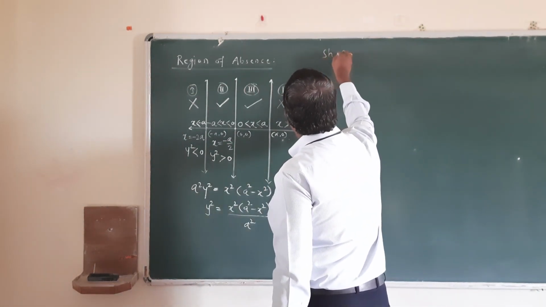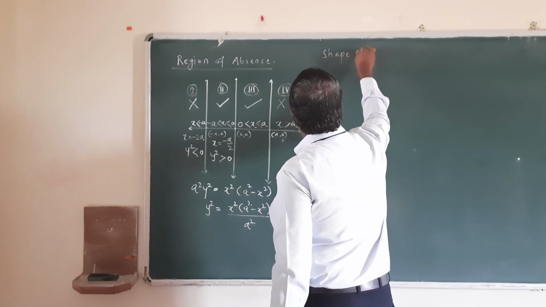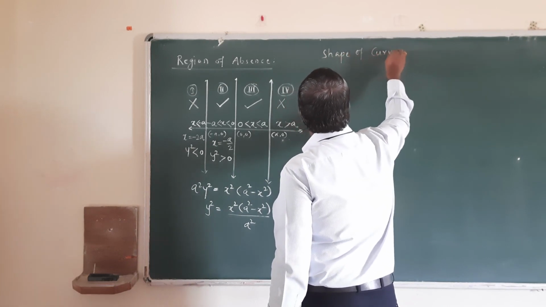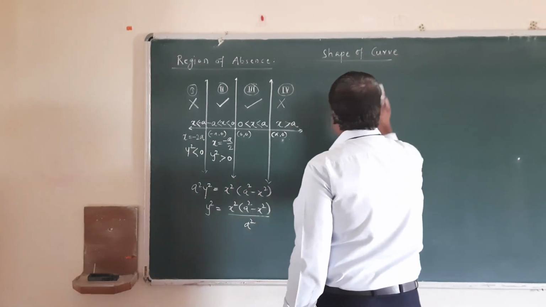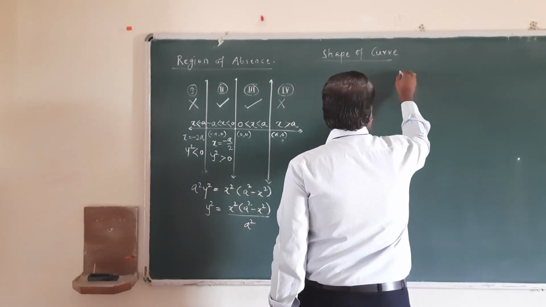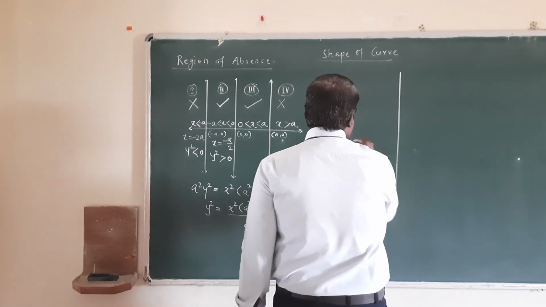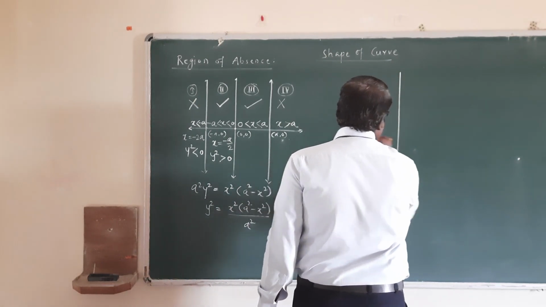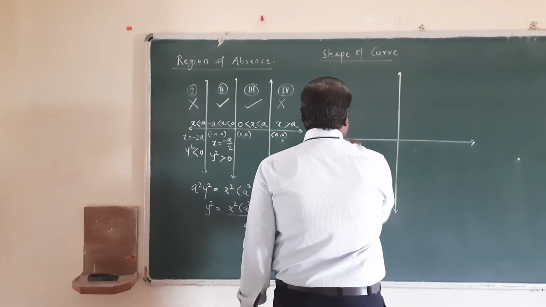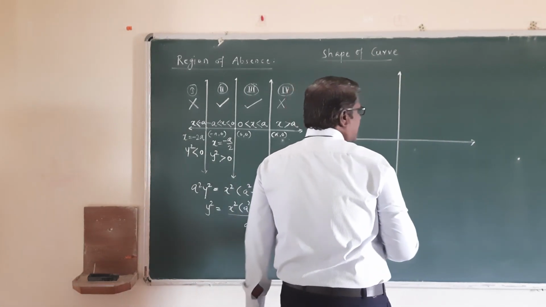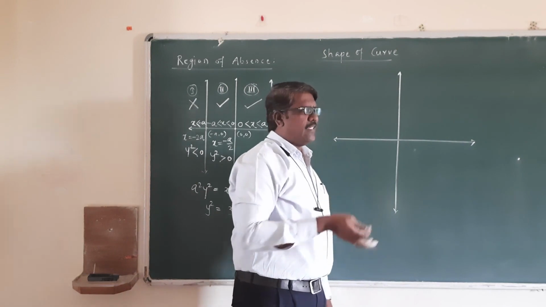Now we will move towards the shape of the curve. So the last point is the shape of the curve. Now while tracing the curve, first we draw the coordinate system. So this is the x-axis and y-axis. The first point, symmetry, we will see at the last.